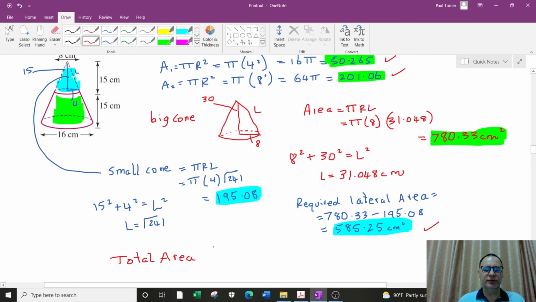So 50.265 plus 201.06 plus the lateral area, 585.25. The required area then is 836.58 square centimeters. So that's your final answer here.